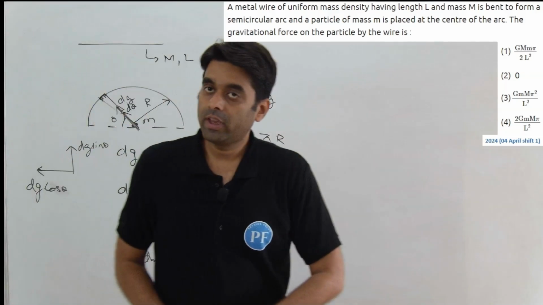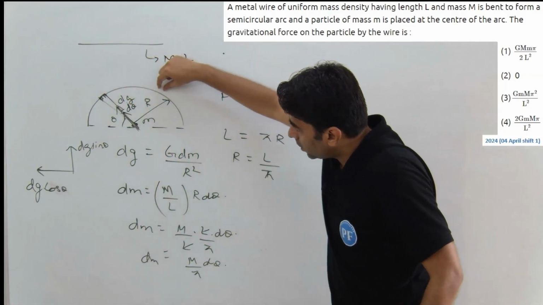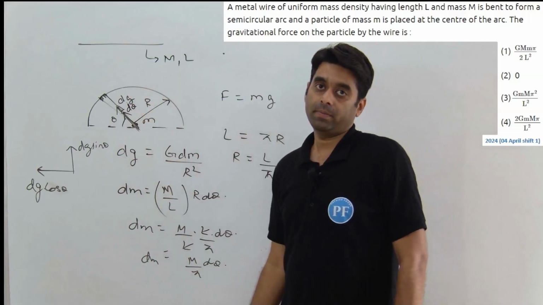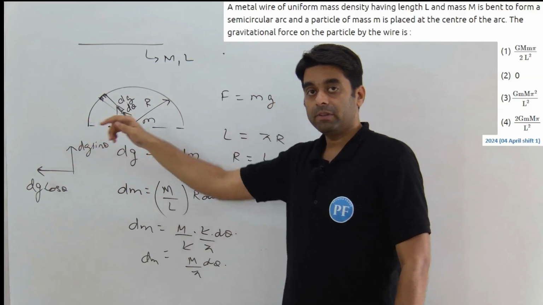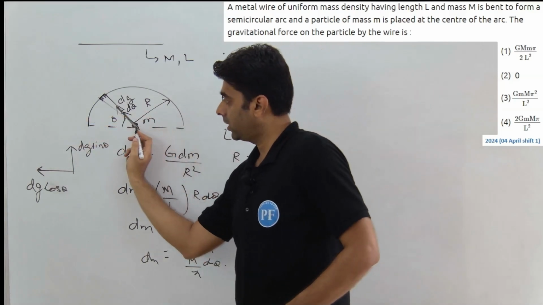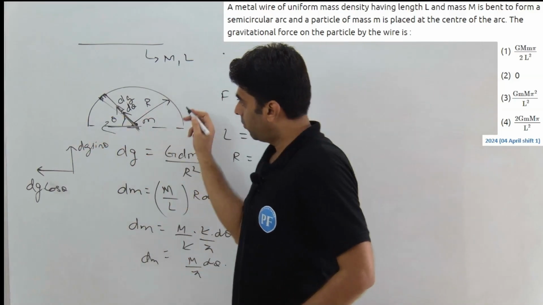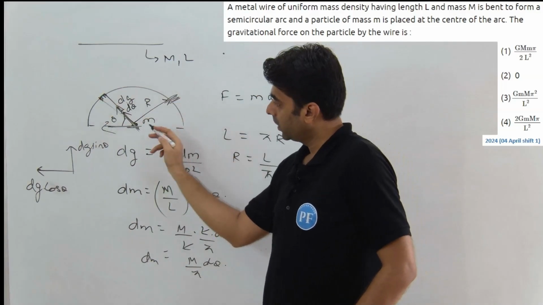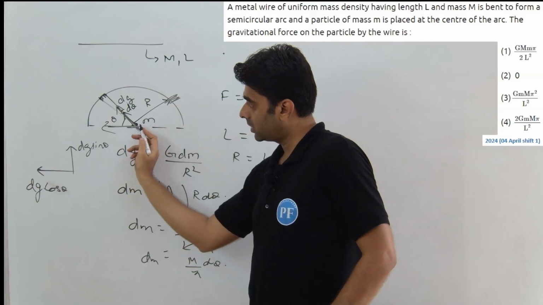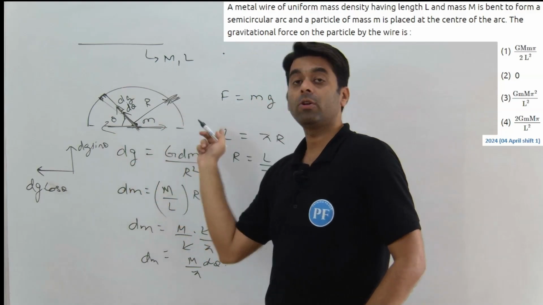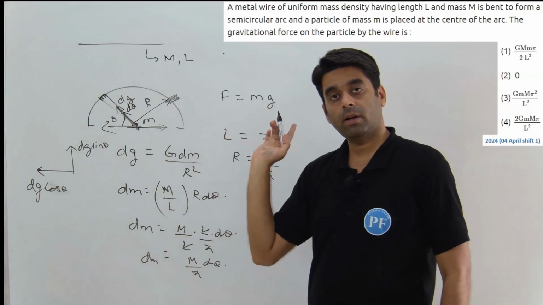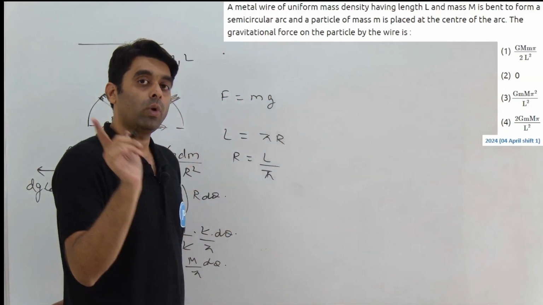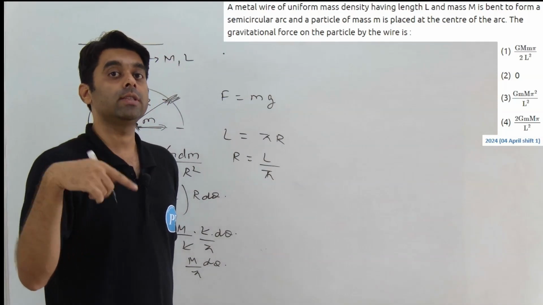If you notice carefully, for all the small elements that you consider, only dg sine theta will remain. For this element over here, the dg cos theta component is coming this way. For the element just at the opposite end, the dg cos theta component will come the other way. That means they will cancel each other. So the dg cos theta component cancels. Only the sine theta components are there.